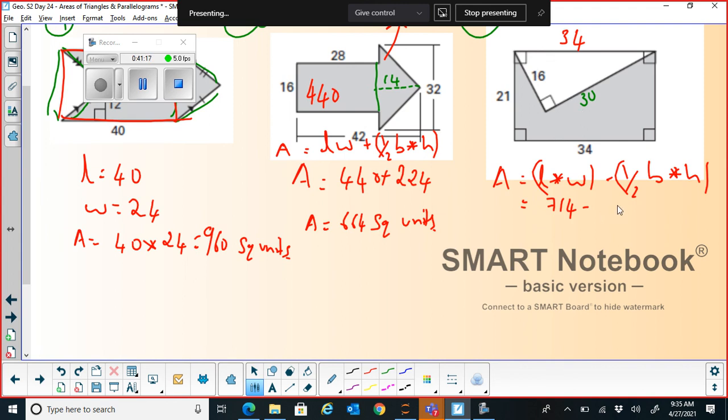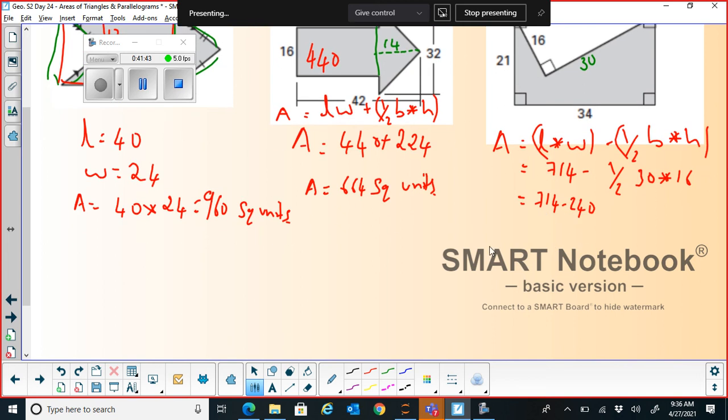So 30 times 16 divided by 2 should give us the area of that particular triangle, which is 240. So 714 minus 240, which is nothing but 474 square units. Area is 474 square units.